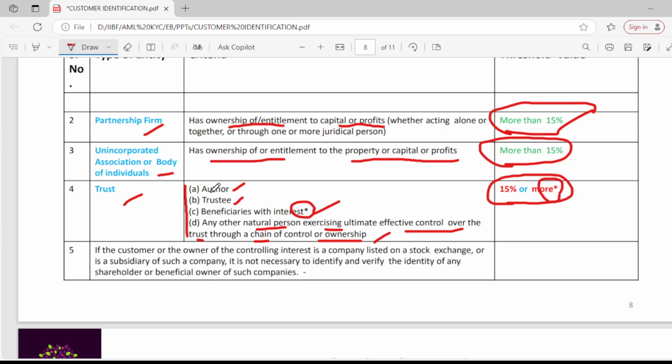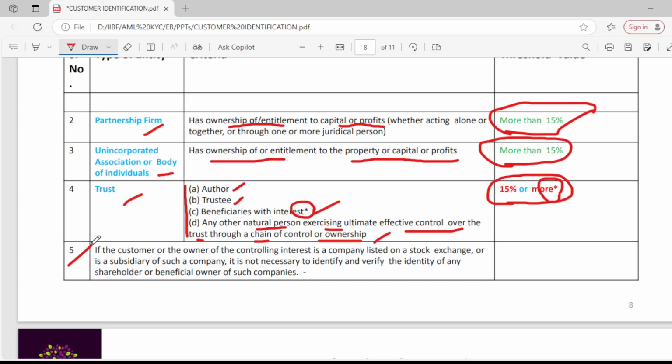The remaining three, author, trustee, and other natural person, just exercise control over the trust. So these three are fulfilling the condition of exercising control over the trust. This person satisfies the condition of ownership with certain threshold value.